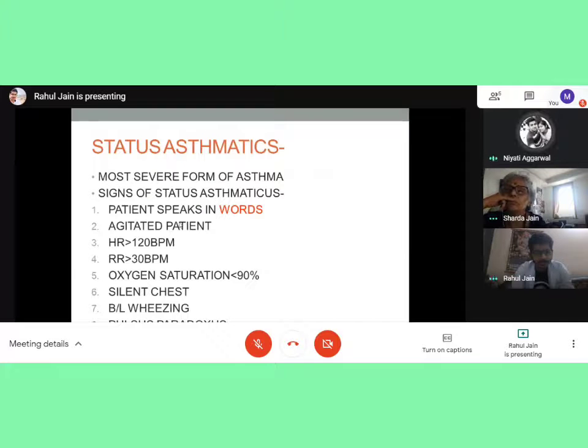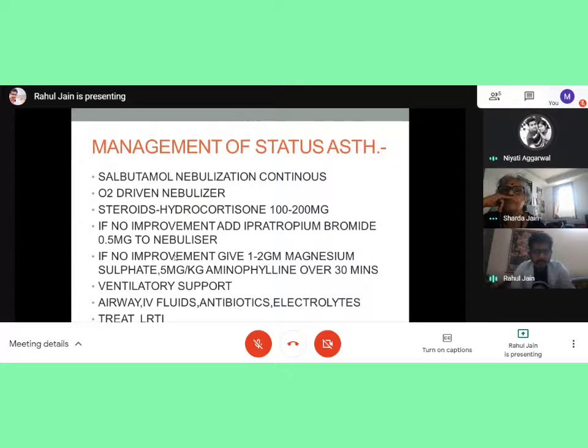When we check vitals, that is heart rate more than 120, respiratory rate showing tachypnea, oxygen saturation going down, the patient speaking in words, and diagnosis of asthma, we immediately start the treatment because this is an emergency. So the first thing in managing status asthmaticus is putting on a nebulizer with oxygen and salbutamol.